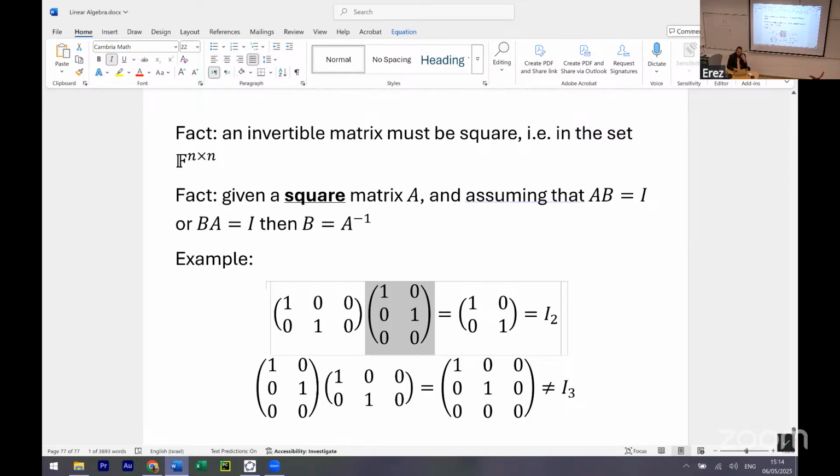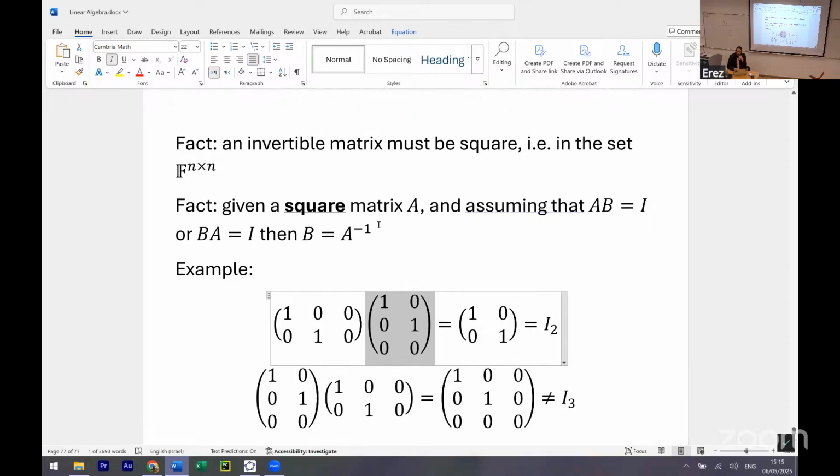I'm saying it couldn't be invertible because it's not a square matrix, and the fact that one side was I does not make the other side also I. In fact, it's definitely not I, because if the other product was also I, that means that this matrix is invertible, and like I said, that's impossible. We might prove it somewhere down the line.